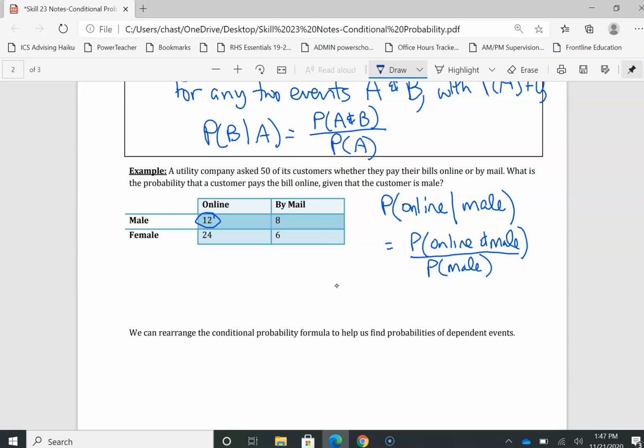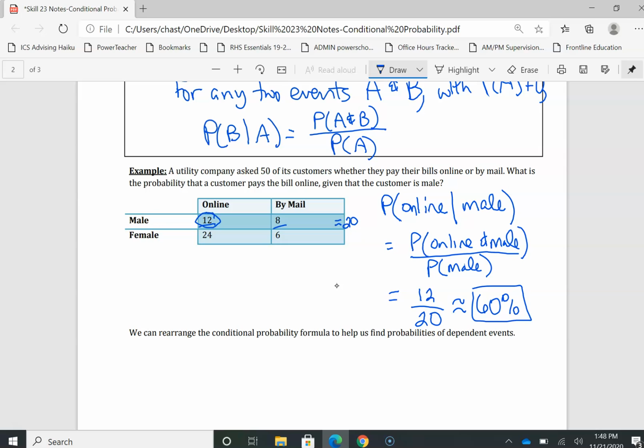That's 12 people, out of total males, and by male, I mean the gender male. So 12 plus 8 makes 20 males. So the probability here is 12/20ths, which is about 60%.